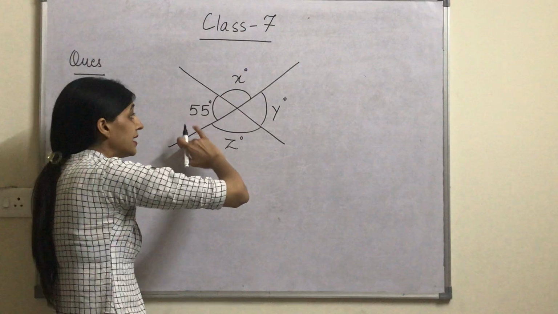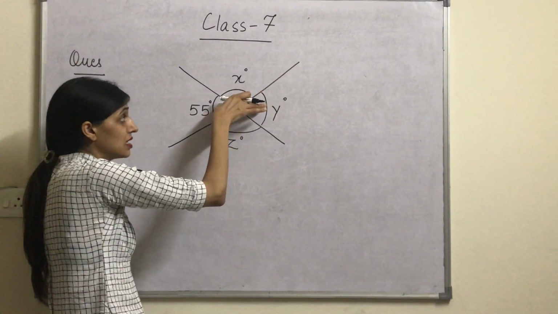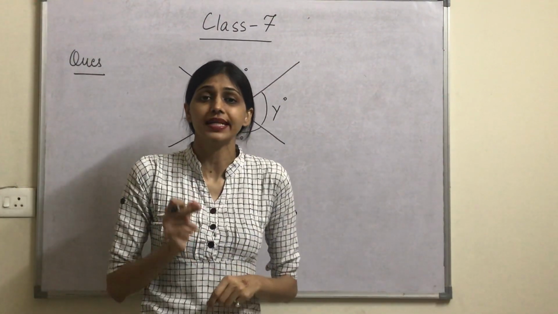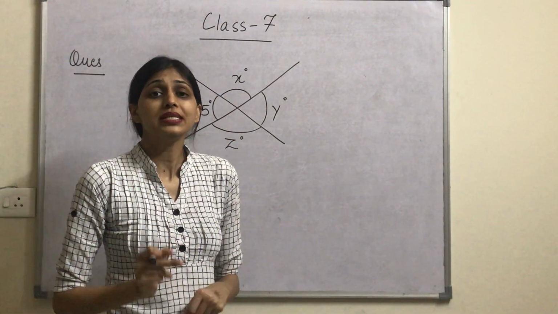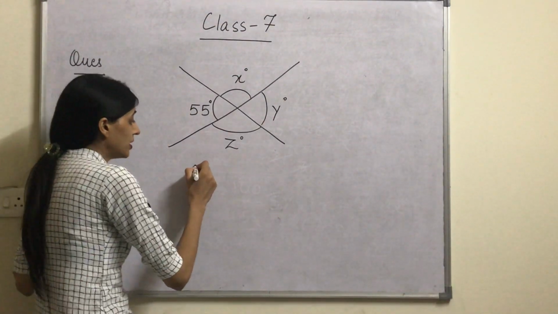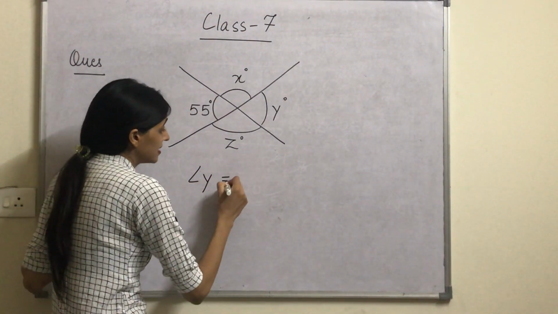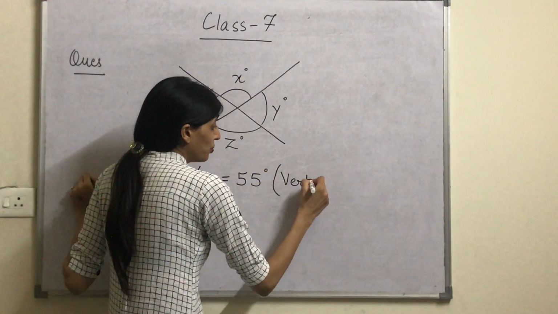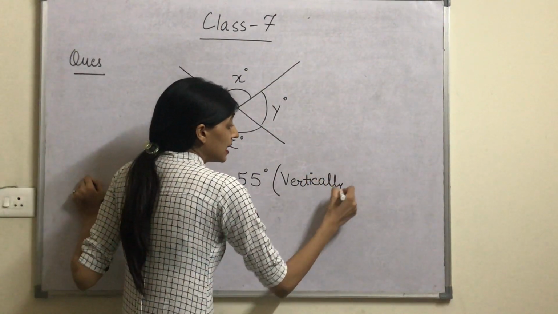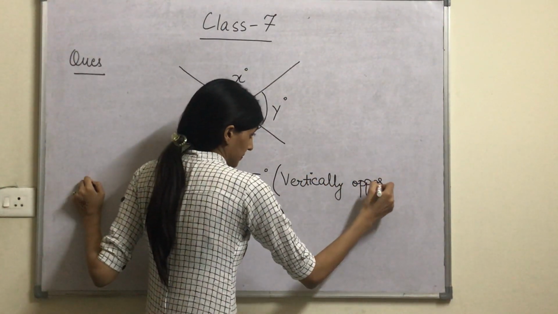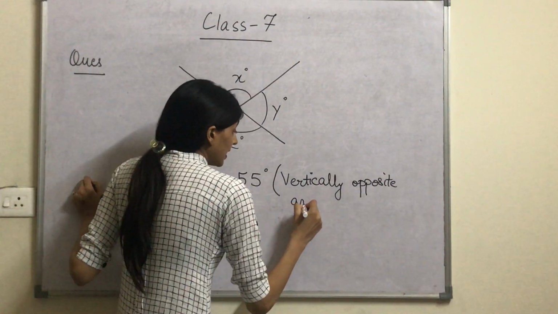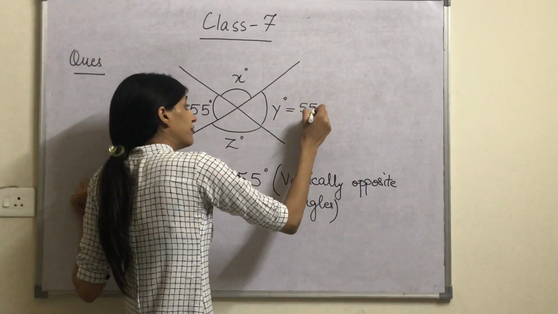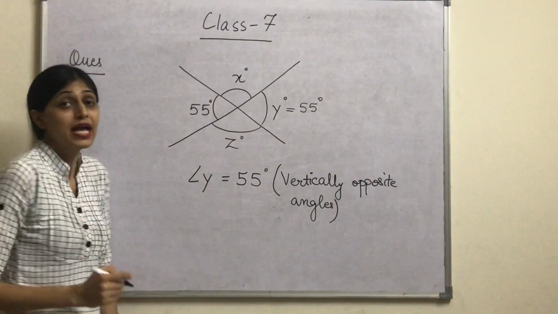When two lines intersect each other, then the angles opposite to each other are known as vertically opposite angles and are always equal to each other. So therefore angle Y is equal to 55 degree. In the reason you will mention vertically opposite angles.